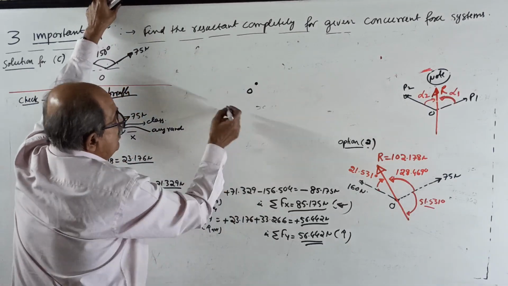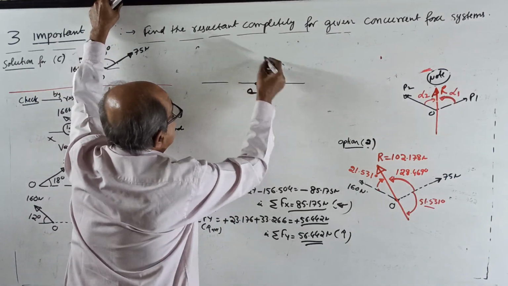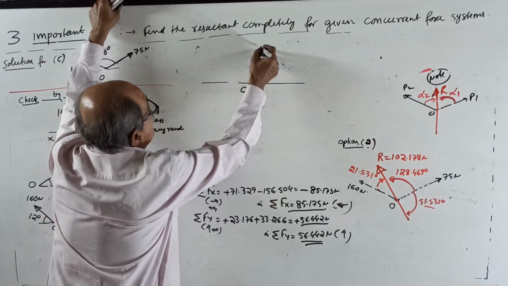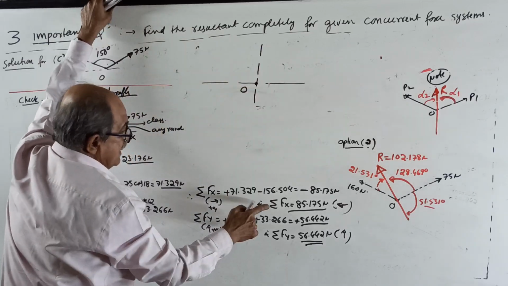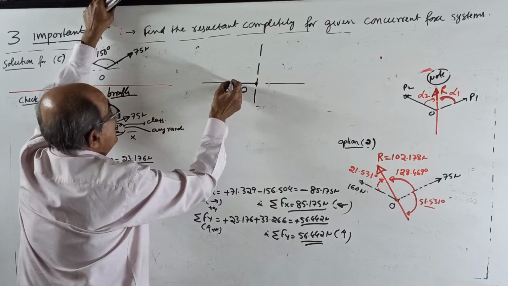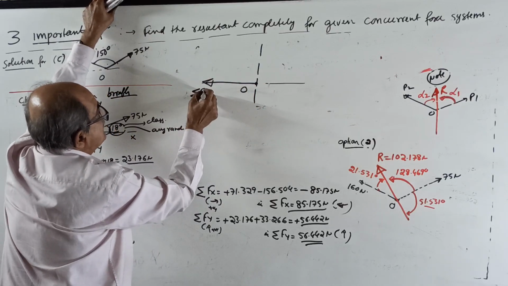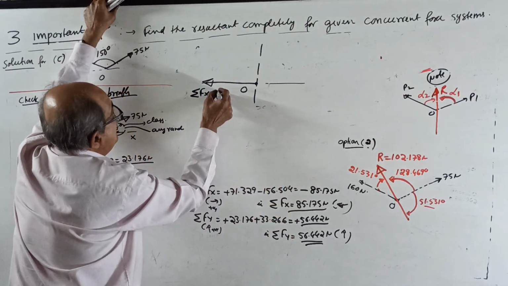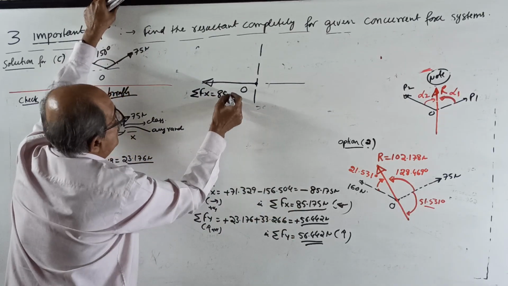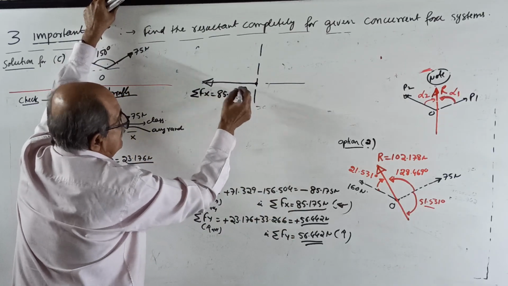To the point O, see, sigma Fx is negative, so negative, left side. Now sigma Fx equal to 85.175 Newton.